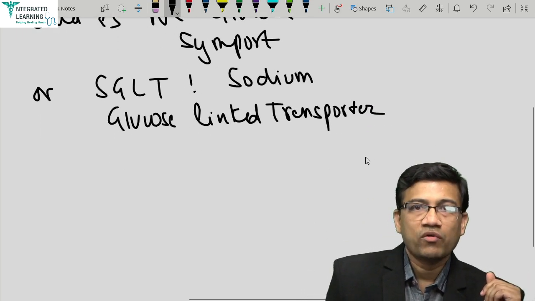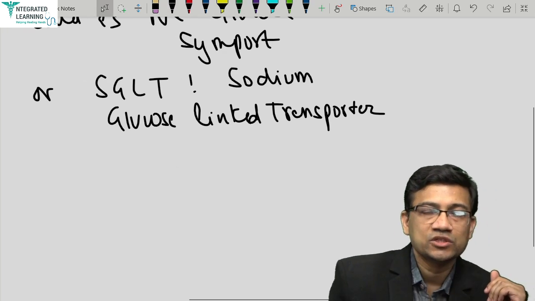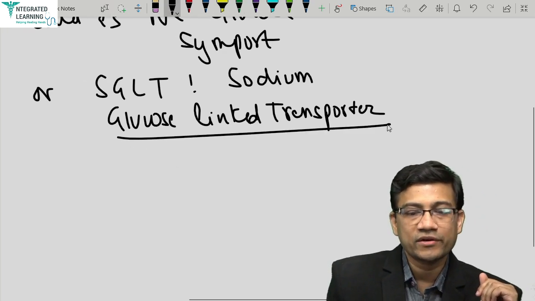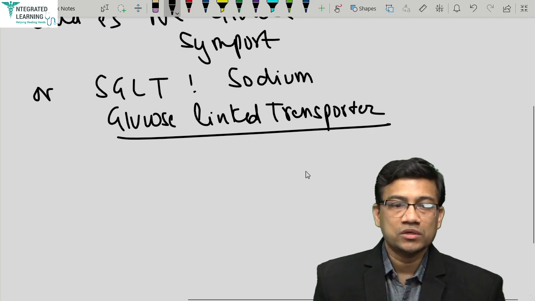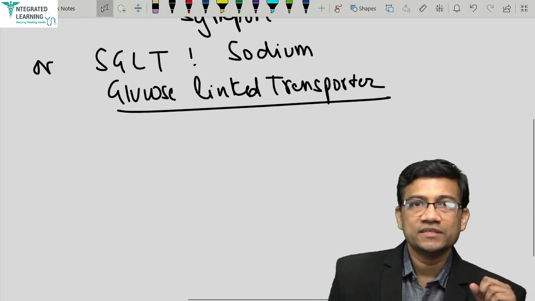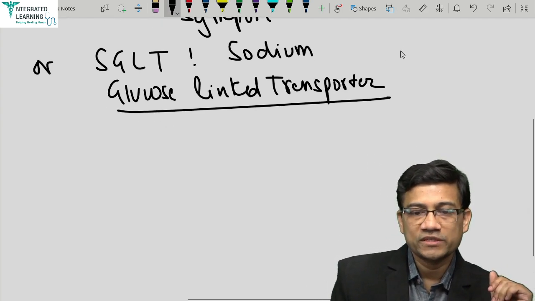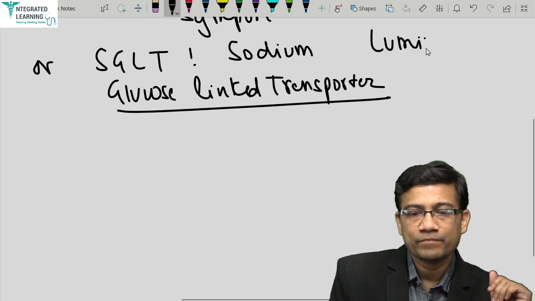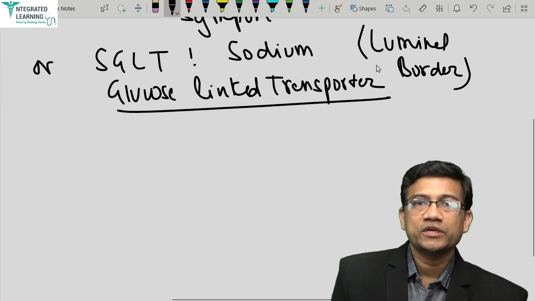Okay. Now what does the SGLT, which is sodium glucose linked transporter, going to do or cause? So start now. First is this SGLT is basically on the luminal border.